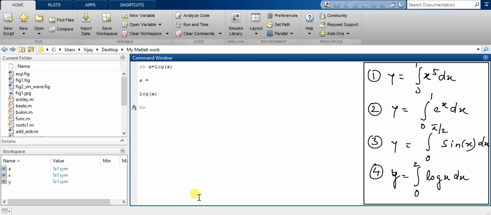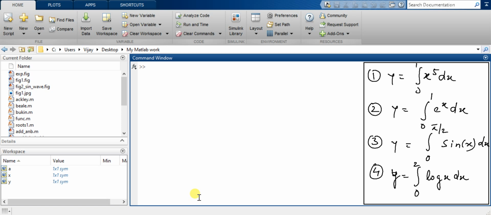When you enter, this will be the symbolic expression stored in a. Now we have to integrate it, y equal to integrate this expression a with respect to variable x and the lower and upper limit. The lower limit is 0 and the upper limit is 2. So when you execute this, this will give you log 4 minus 2. I hope this symbolic differentiation and integration and definite integration is clear to you all.